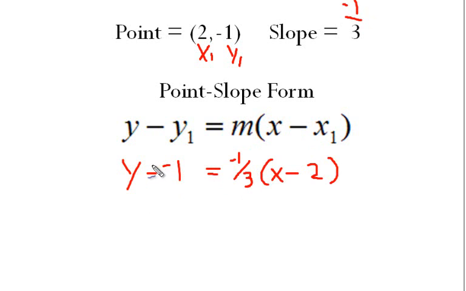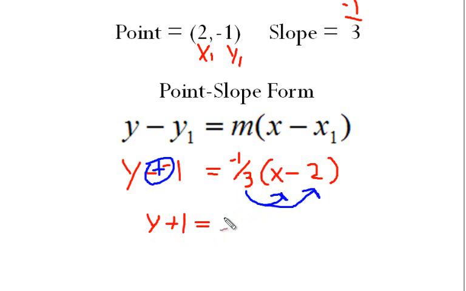Alright, now since I have a double negative here, this is just going to turn into y plus 1. And I'm also going to go ahead and start distributing this negative 1/3 into my parentheses.